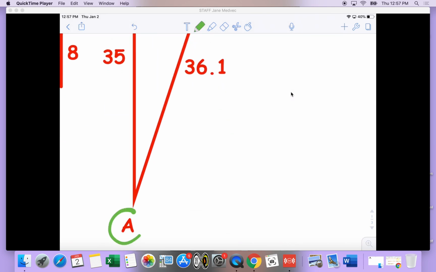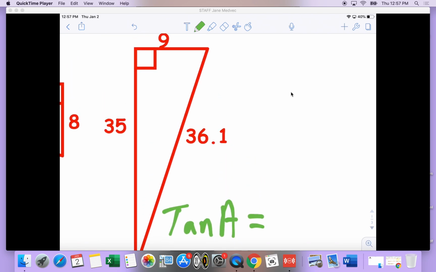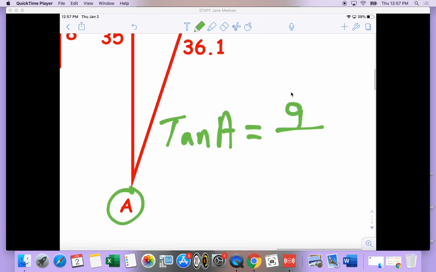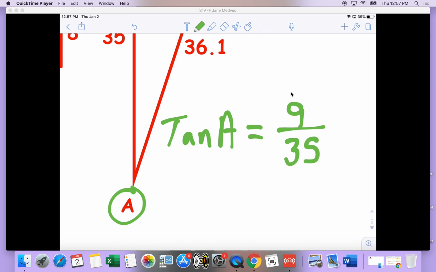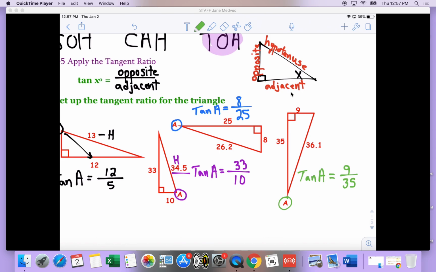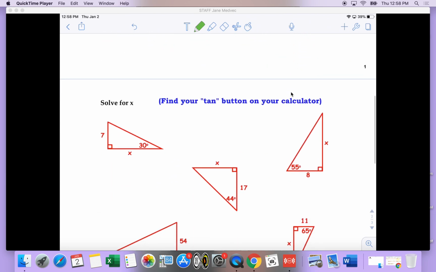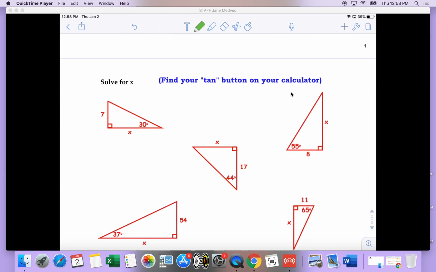Again, I've got angle A, so I pick up tangent A equals. Opposite would be 9. Adjacent would be 35. Any questions on these? Again, we're just looking at tangent today. So we're looking at the opposite and we're looking at the adjacent.